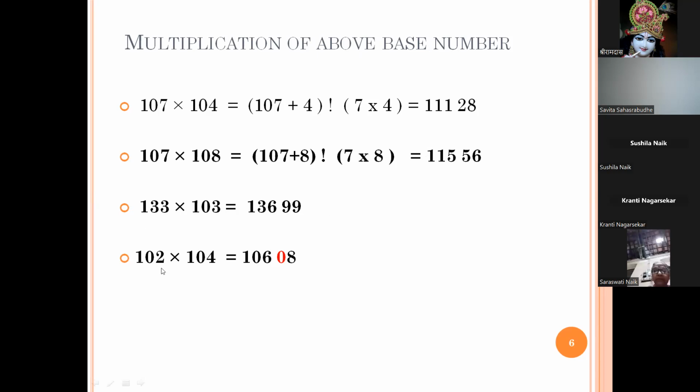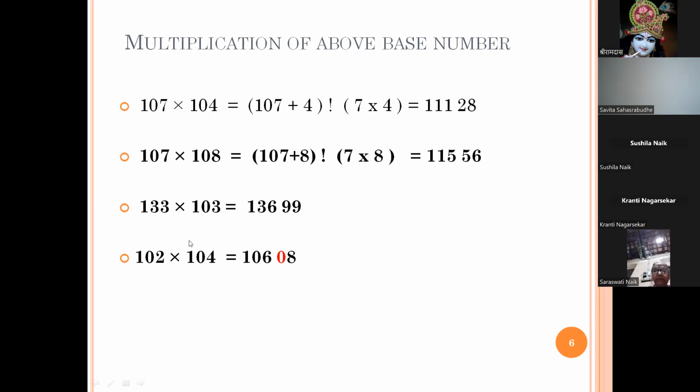Only one should be aware that if the base is 100 and the second part of the answer comes as a single digit, then we need to add a leading zero, because the base has two zeros in it. So 102 into 104: 4 twos are 8, and 102 plus 4 is 106.